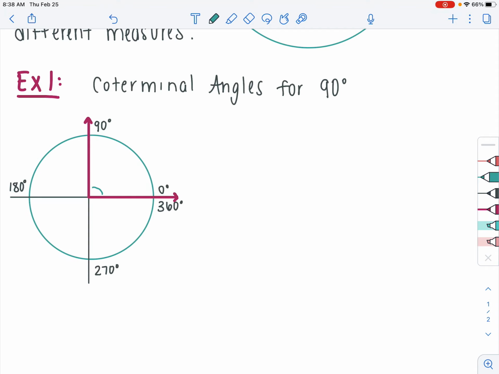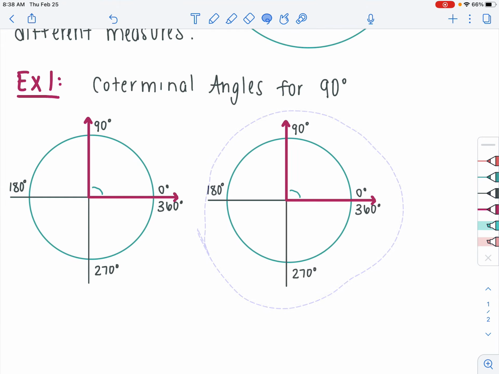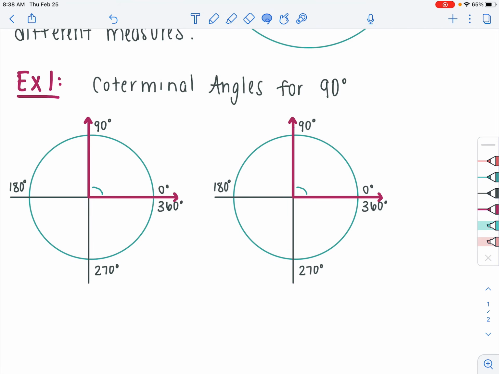Now if I want to find an angle that is coterminal to 90 degrees, I want to copy and paste this, and rotate my terminal side around the circle a full 360 degrees, because remember I have to have the same terminal side, but I need to gain more angle measure, so I spin it around.